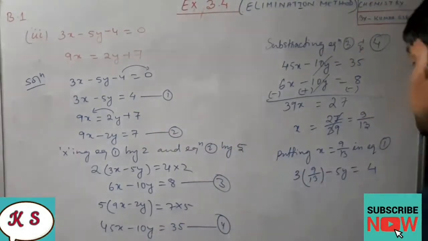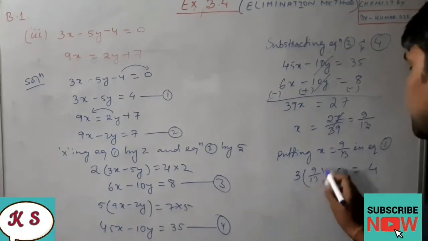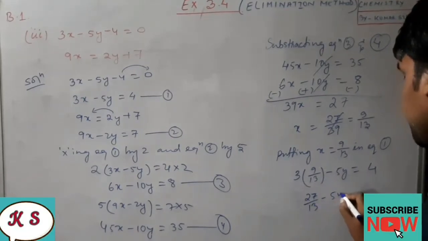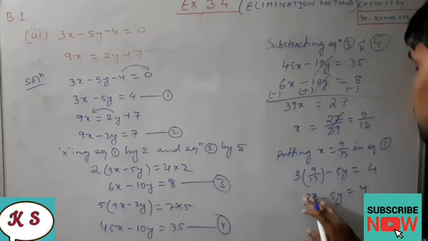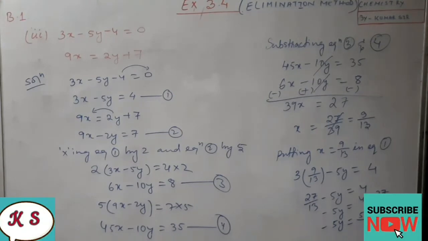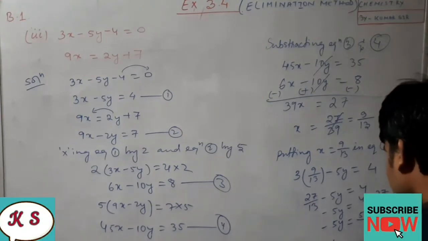If you multiply, it comes to 27 by 13 minus 5y equal to 4. This one you shift to this side, so it becomes 4 minus 27 by 13. So it comes to 52 minus 27 by 13 minus 5y. When you subtract 27 from 52, you will be getting what?